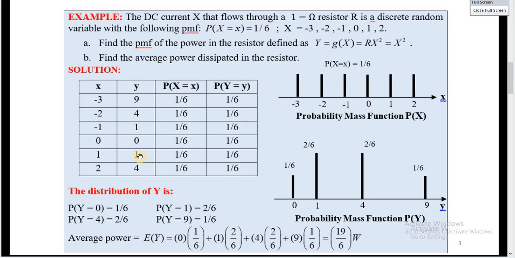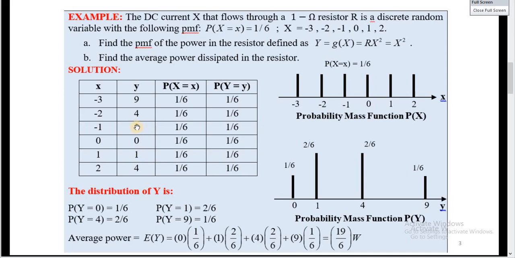1 has 2 sources. y equals 1 results when x is minus 1 and when x is 1. Both of these two values of x, minus 1 and 1, lead to one value of y, which is 1.